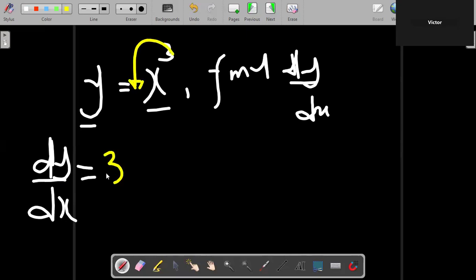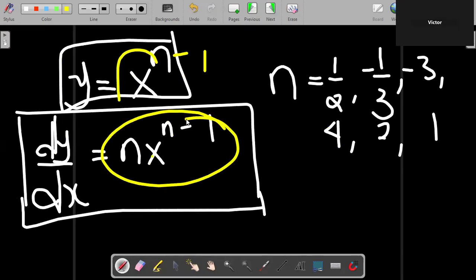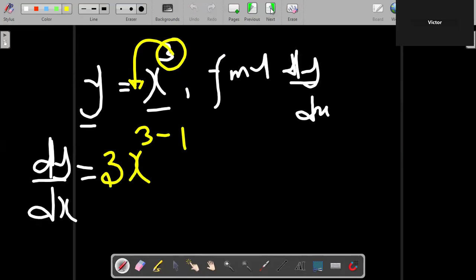I will write my x back, then subtract 1 from it, 3 minus 1, according to the formula. You see that? Yes, sir. So if I simplify here, what am I having? 3x raised to the power 2. So if y is x cubed, your dy dx is now 3x squared. So write it.